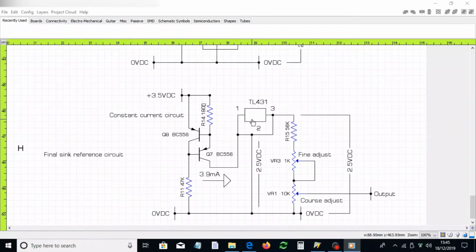And then you've got the TL431, and then you've got these resistive droppers. R15 would effectively be a trimmer, ensuring that the maximum voltage you can get on the output here is 0.33 of a volt. You've got the 10K resistor here, which is the coarse adjustment, and then a 1K variable resistor potentiometer here, giving fine adjustment.